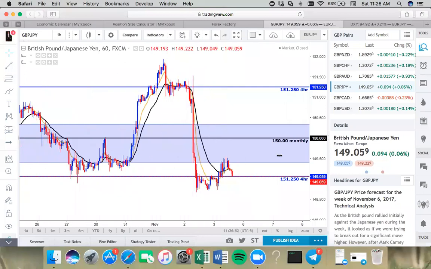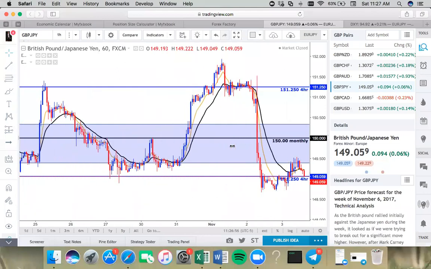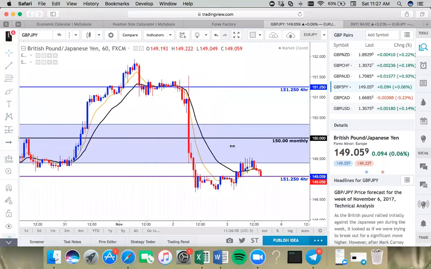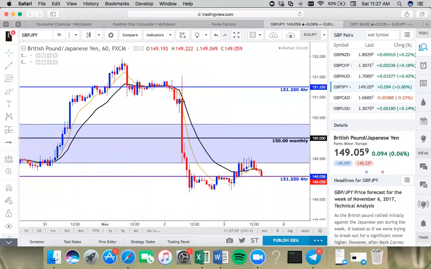Trading is very emotional. The more you go granular into a chart, the more it tends to play with your emotions. So look at this. Y'all see how long this red is right here, or these reds?